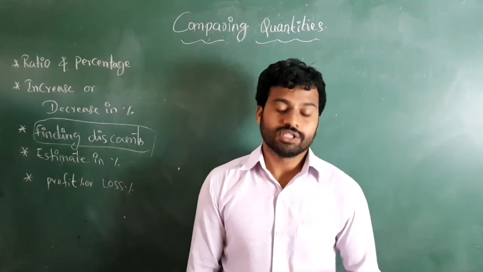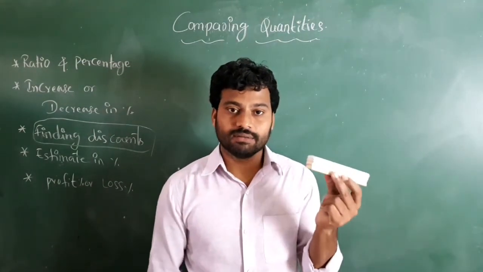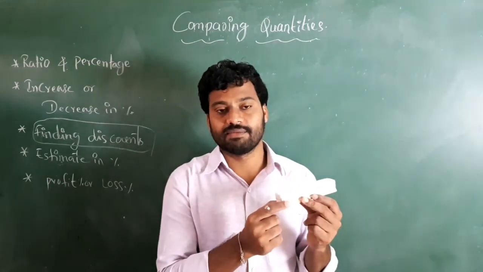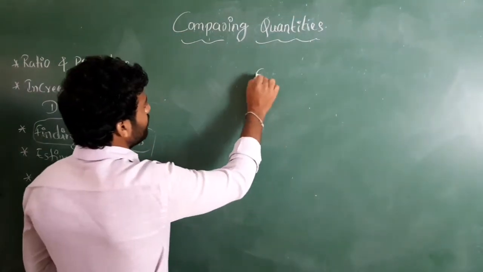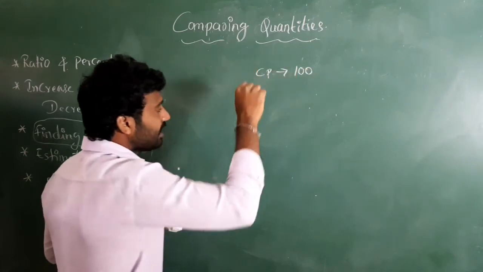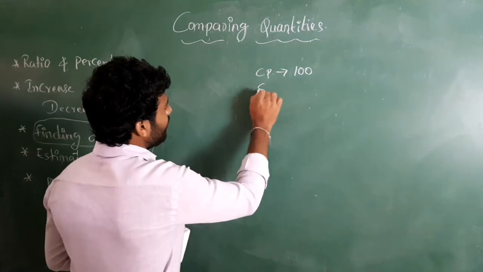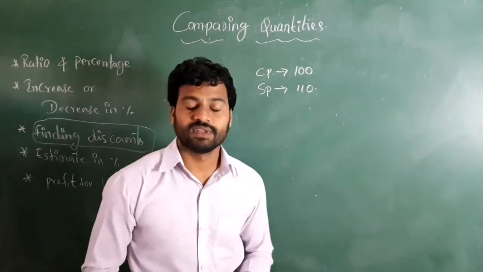Clear or not? Suppose this duster is there. To manufacture this duster, I spend 100 rupees. Suppose that is the cost price of this duster. Now I sell this duster for 110 rupees.